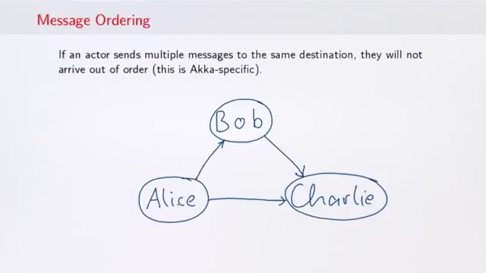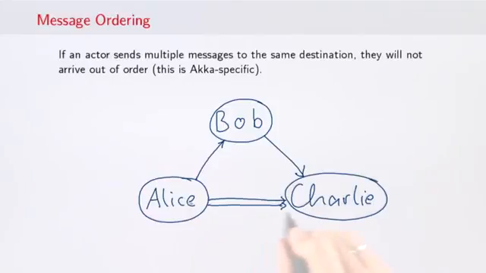In Akka there is one addition. If Alice sends another message to Charlie, then the order of these two messages will be the same at the receiving side as on the sending side. Either of these messages could be lost, of course, but they will not be delivered out of order. There are other more sophisticated systems, for example the E programming language, where causality goes a bit further.